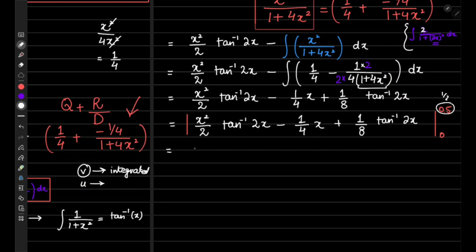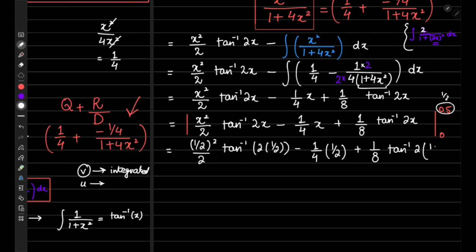a whole number. So we have x square over 2, so I'm taking half square over 2 tan inverse of 2 times 1 over 2, minus 1 over 4 times 1 over 2, plus 1 over 8 tan inverse of 2 times 1 over 2, minus 0 square over 2 tan inverse of 0, minus 1 over 4 times 0, plus 1 over 8 times tan inverse of 0.